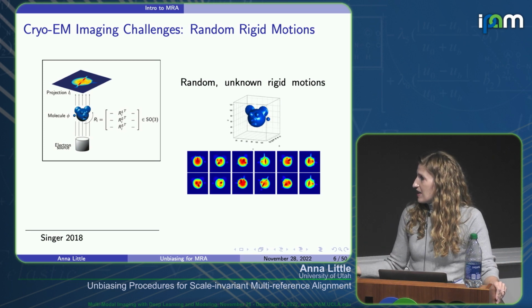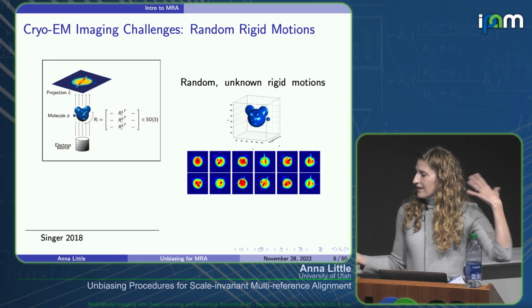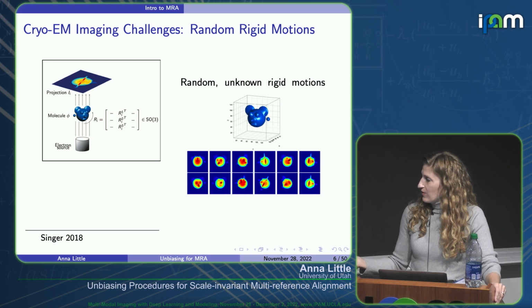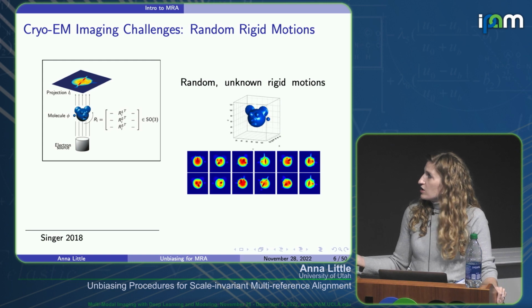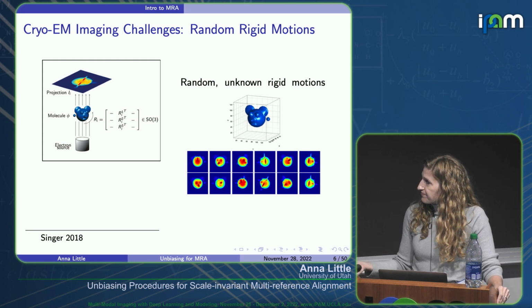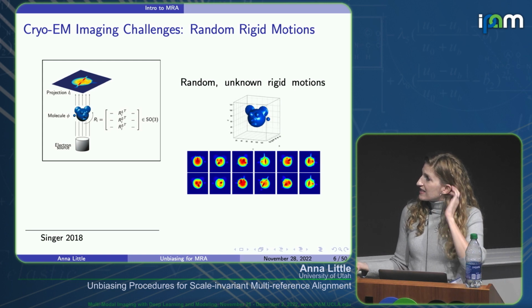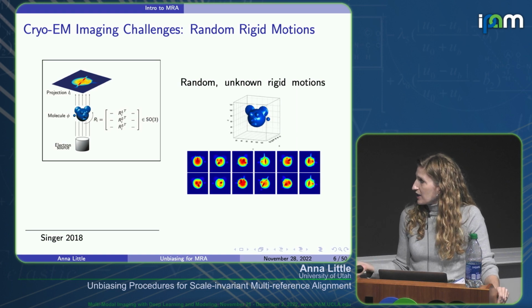And from all of these images, you want to incorporate the effects of this tomographic projection to recover what the molecule was. Okay, so that's the second big challenge with this application.